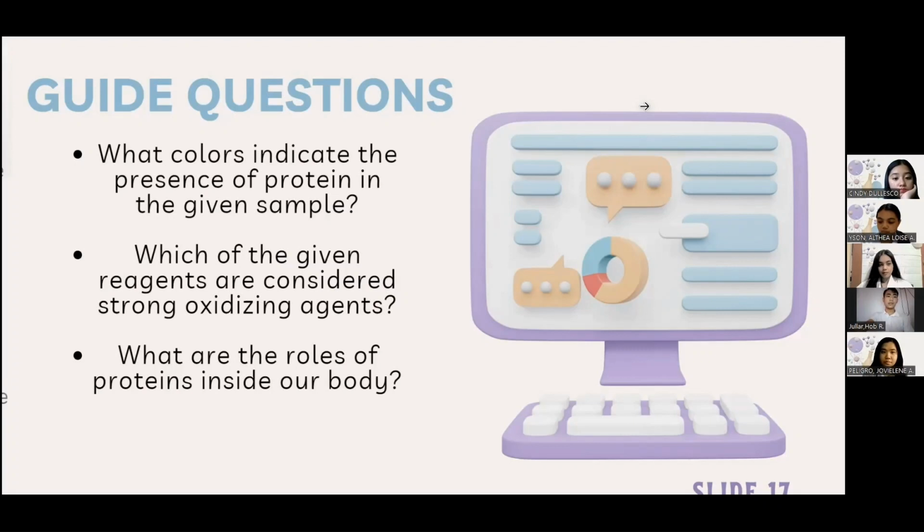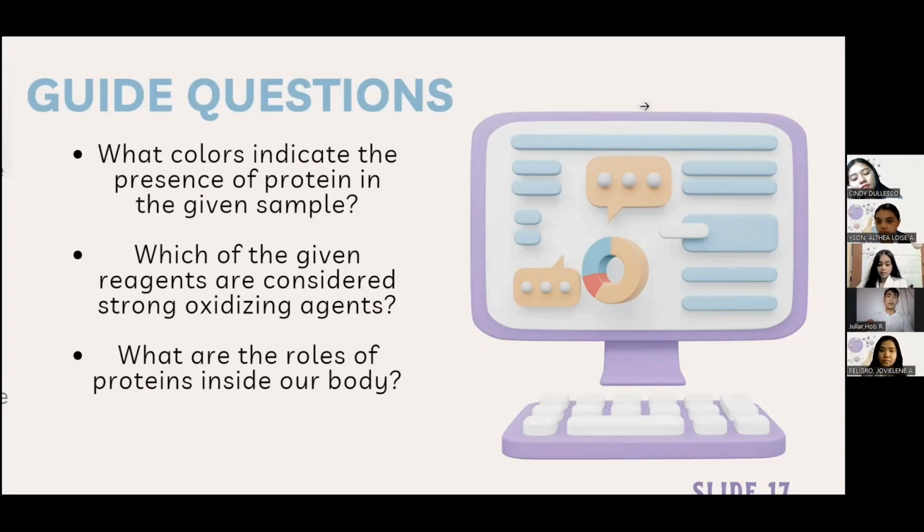For the last guide question, what are the roles of the proteins inside our body? Proteins are large, complex molecules that play many critical roles in the body. They do most of the work in cells and are required for the structure, functions, and regulation of the body's tissues and organs.